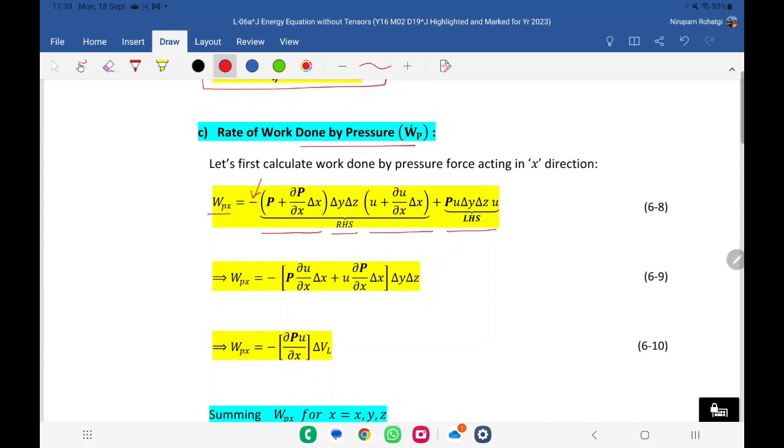Again, you will add them up and you'll get work done by pressure in x direction. These will be the terms, and you can add it up like this. You will get this. So there will be 4 terms for this, right? Which will be equal to 1 plus 2 plus 3 plus 4.